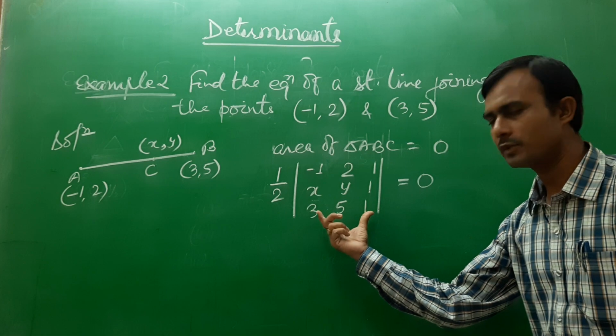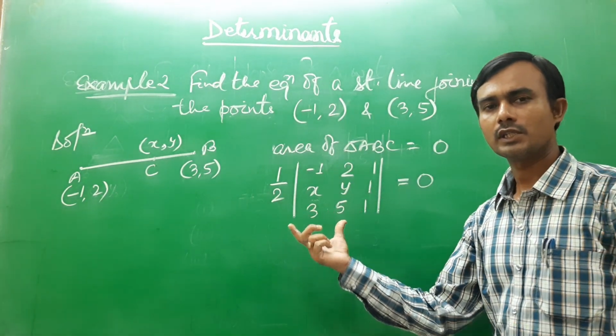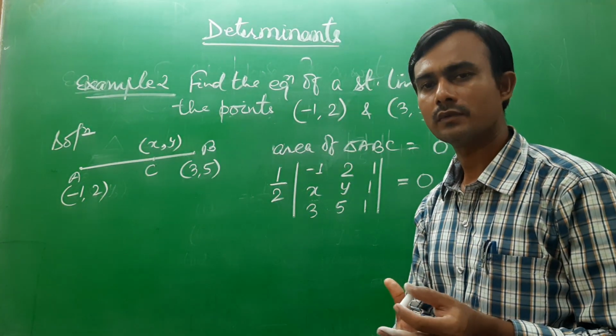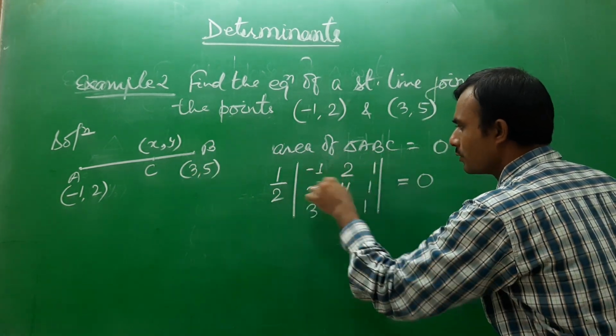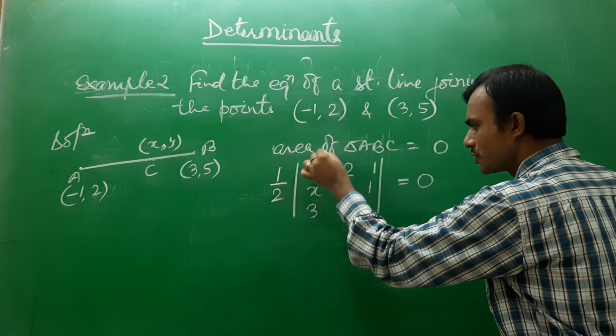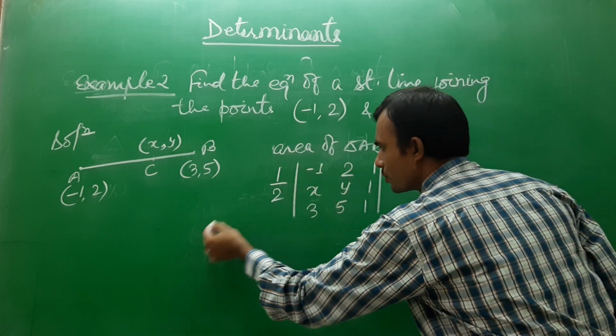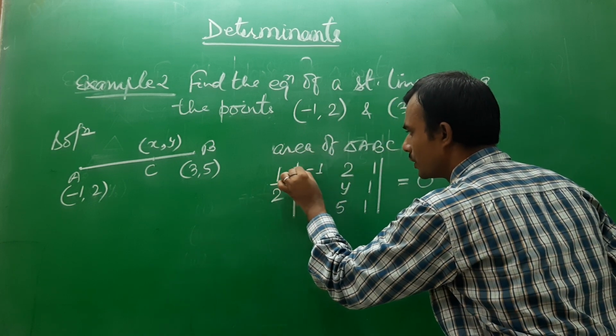Now solve the determinant. You will get the equation of straight line AB. Here I am solving by expanding along the first row.